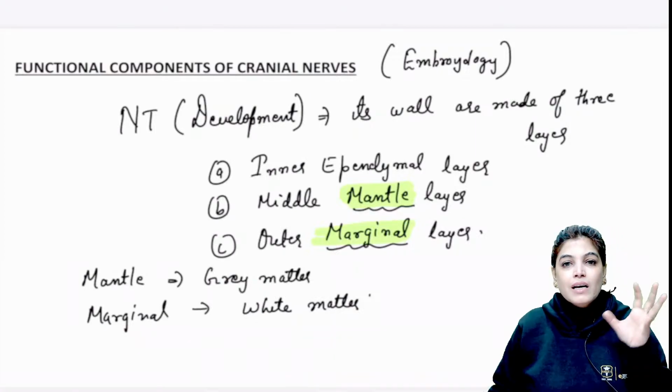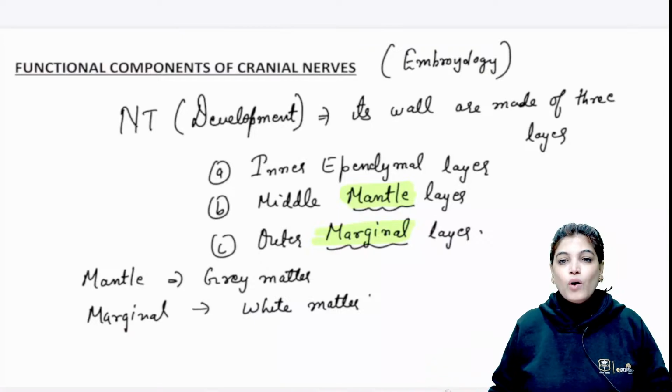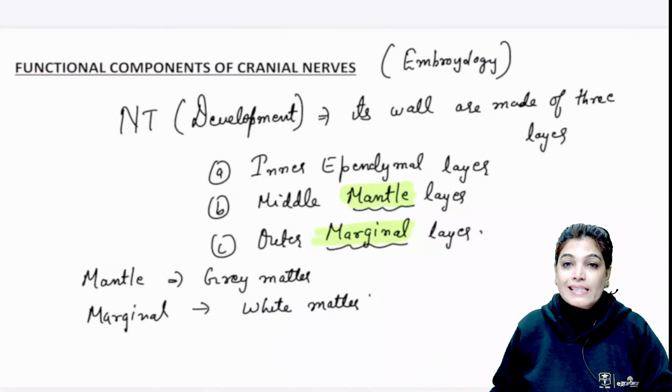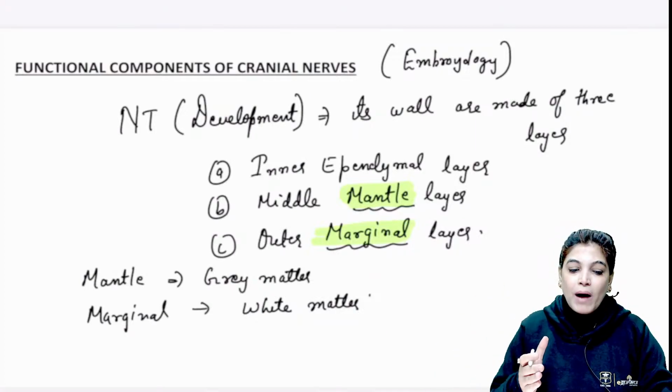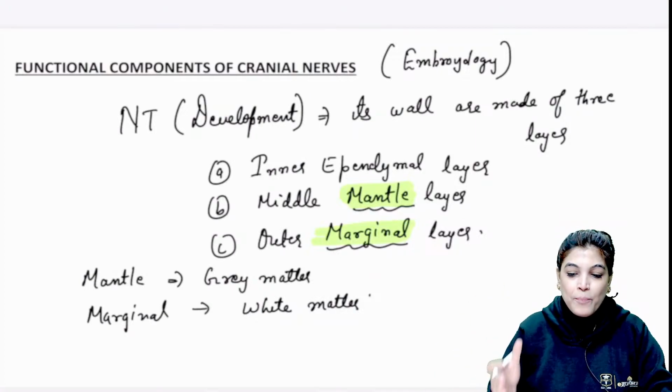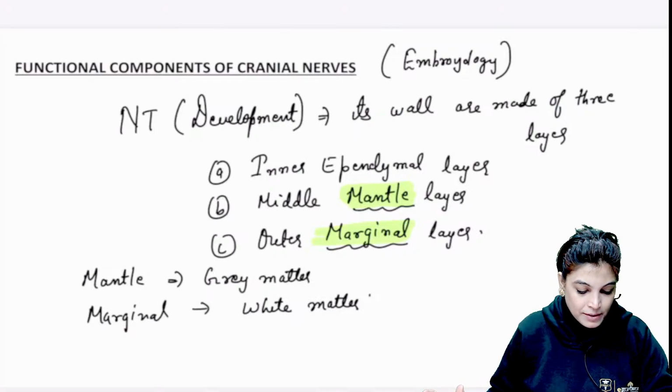Now what happens with the further development? The mantle layer differentiates into dorsal and ventral parts. The dorsal part is called the alar lamina and the ventral is called the basal lamina.